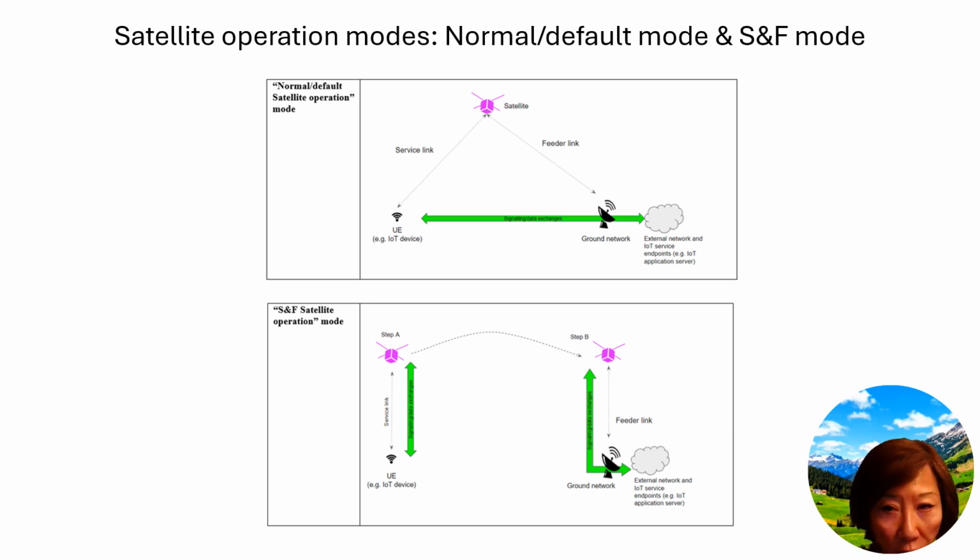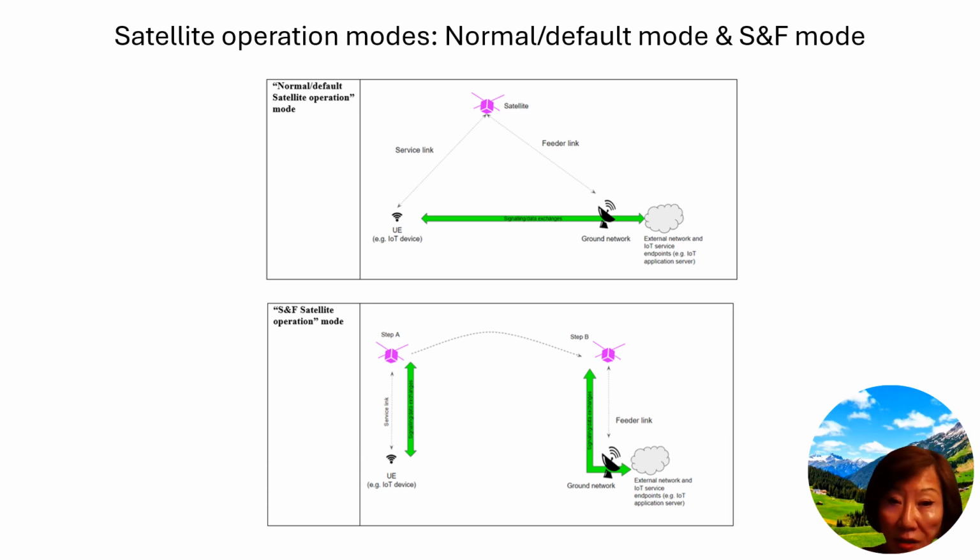It works as follows on the second diagram. Step A, the UE, the IoT device, sends data to the first satellite. The satellite stores this data on board. This is indicated by the upward green arrow from the UE to the first satellite. Step B, the satellite moves to a new position where it has visibility of the ground network now.